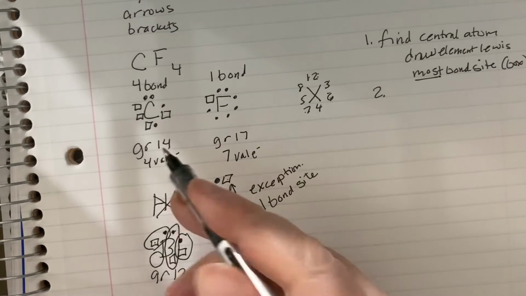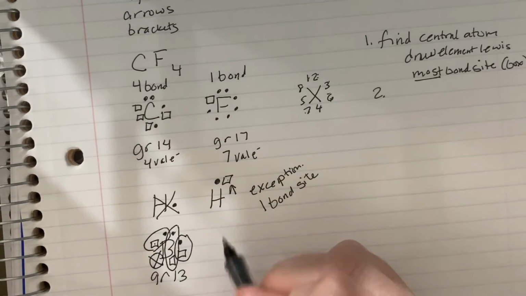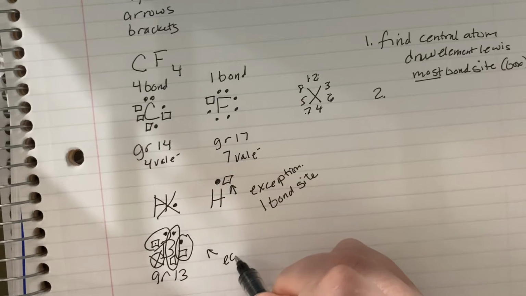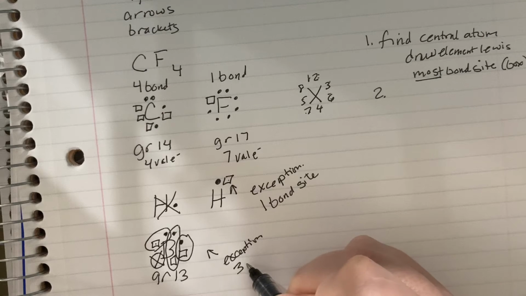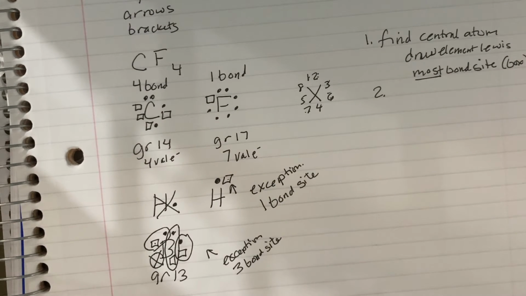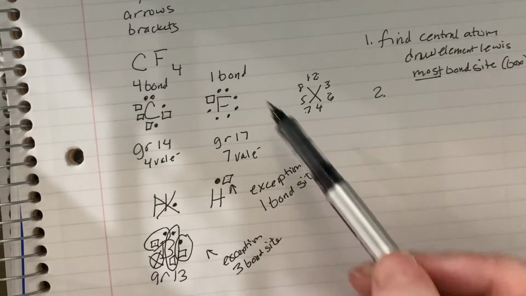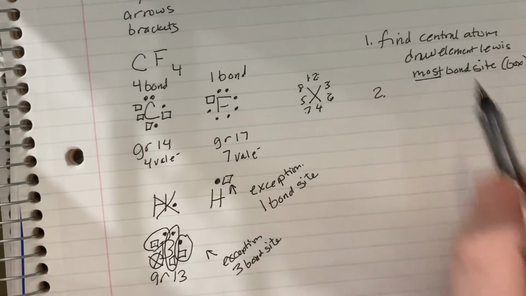These guys would not have partners, so there is no bonding site there. So boron is another exception. He only has 3 bond sites. Those are your 2 exceptions you're going to have to worry about today. So when you're finding the central atom, draw the Lewis dots, figure out how many boxes, that's how many bond sites. The one with the most bond sites wins.